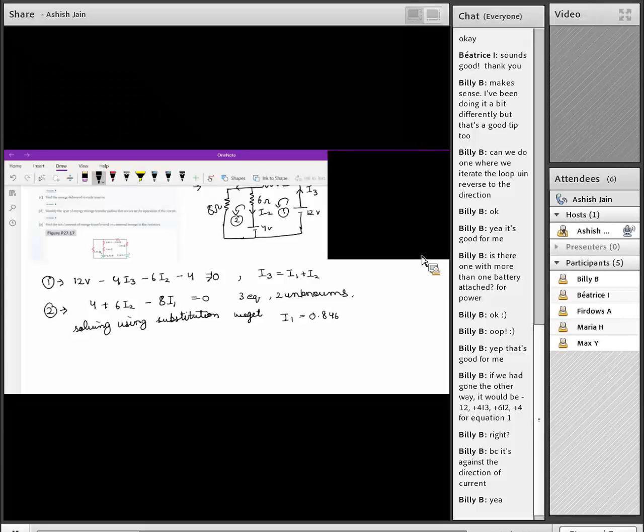I assume all of you know how to solve this, three equations, two unknowns, right? If not, I can solve it for you, but I think it's straightforward. You just substitute the value of I3 and eliminate one of them to find the value. If yes, I can move forward.